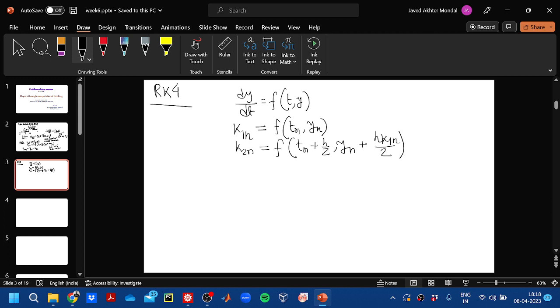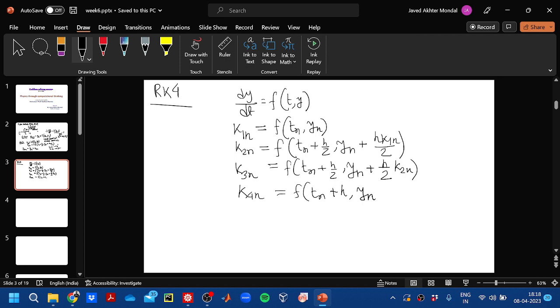Then k3n, which is f of tn plus h by 2, yn plus h by 2 times k2n. And then k4n, which is f of tn plus h, yn plus h times k3n.